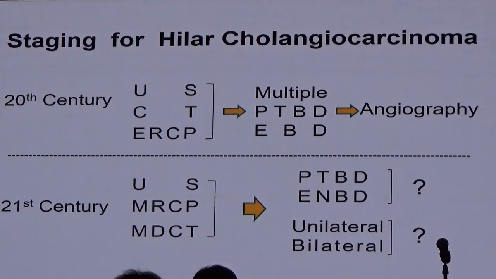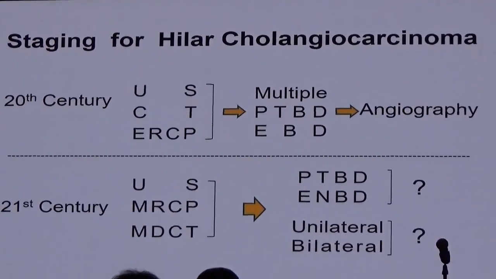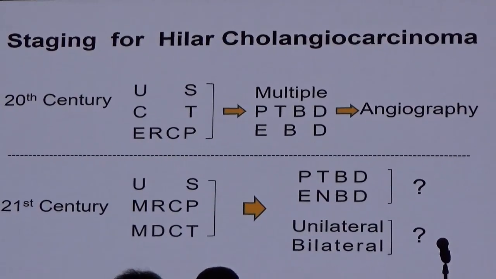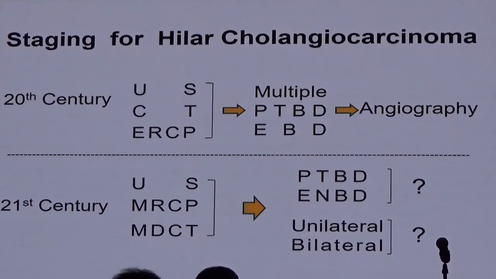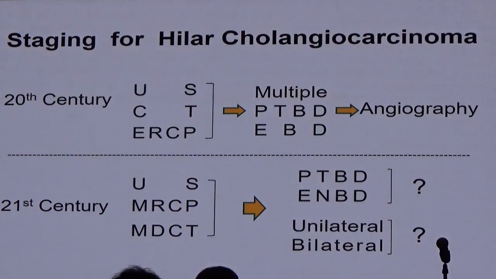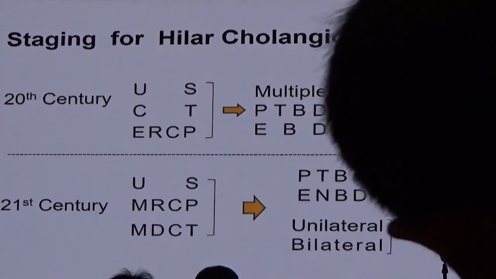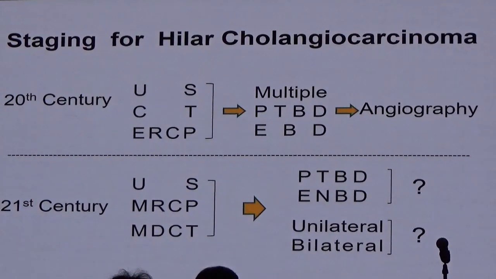In the last century, we used US, CT, and MRCP to diagnose the local extension of the main tumor. And after that, we used multiple PTBD or endoscopic biliary drainage, which was followed by angiography to diagnose the local anatomy of the vascular structure.